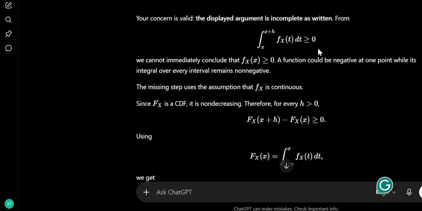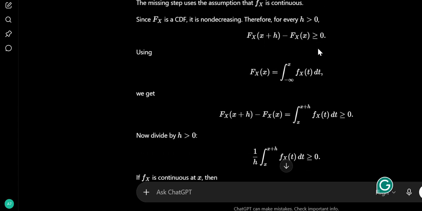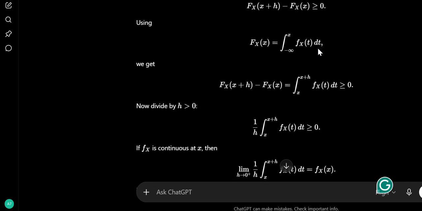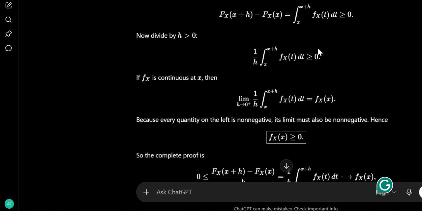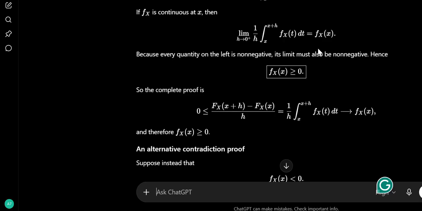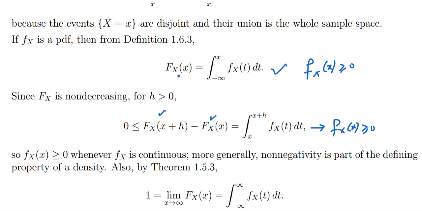Yeah, I see. I can clearly see that. But we need to assume that f_X is continuous. So, what was the question here?